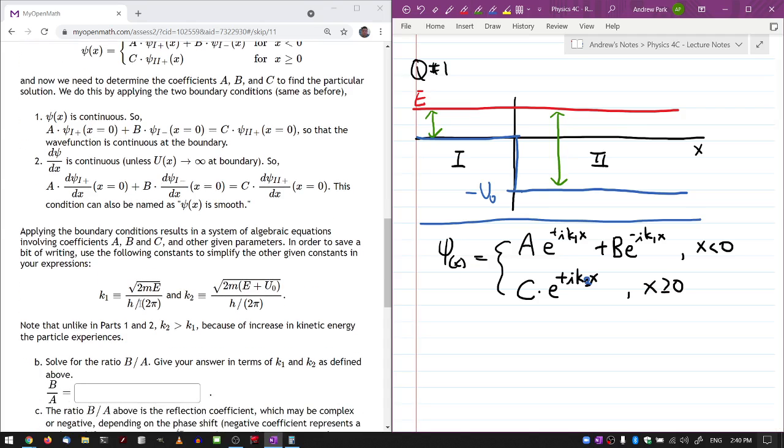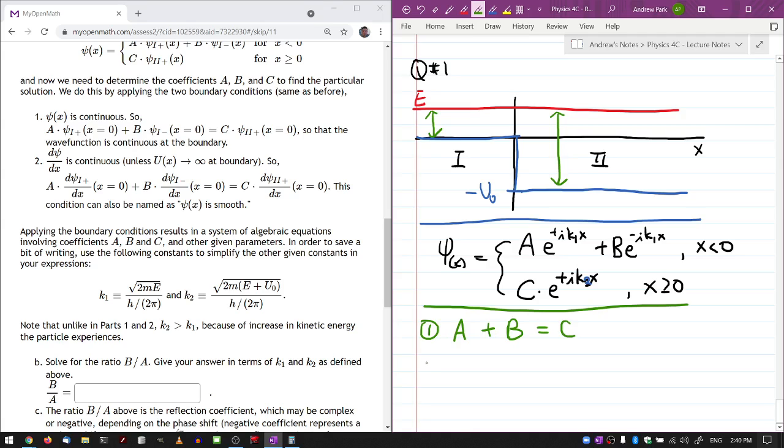Applying the boundary conditions results in a system of equations, with K1 and K2 defined the way I've already been using. The first boundary condition is the continuity of the wave function. At x equals 0, all these exponentials are just going to be 1, so it'll be a plus b is equal to c.